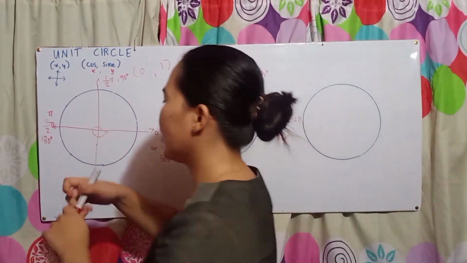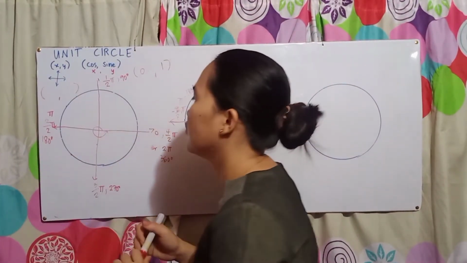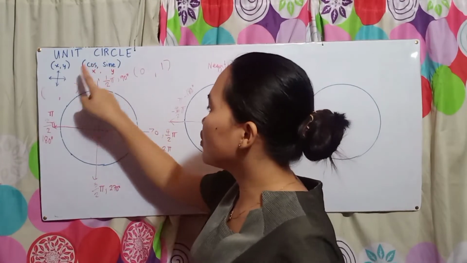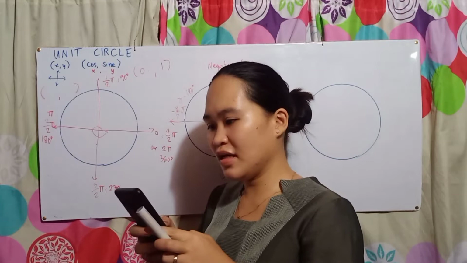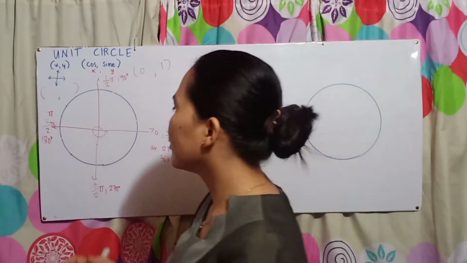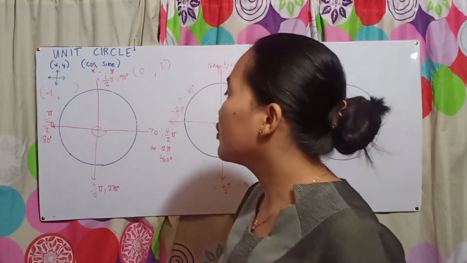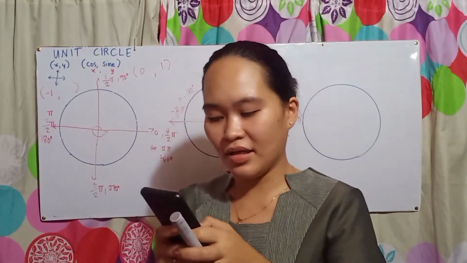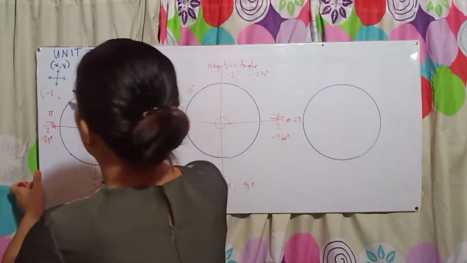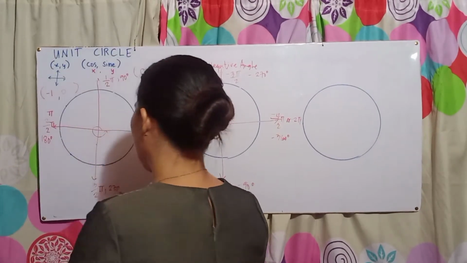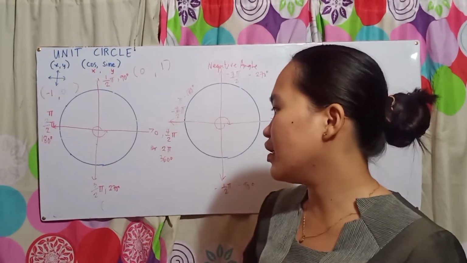Okay, next, its ordered pair. First is cos 180. Cos 180 is negative 1. Then sin 180 is 0. So negative 1, 0. Next, 270.